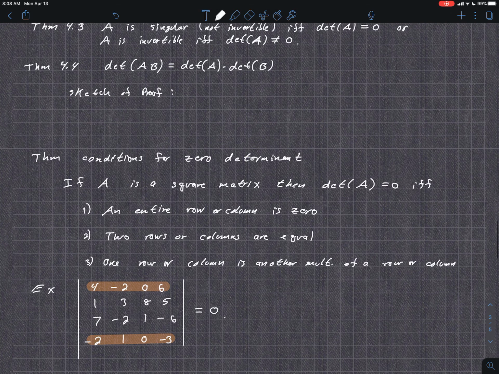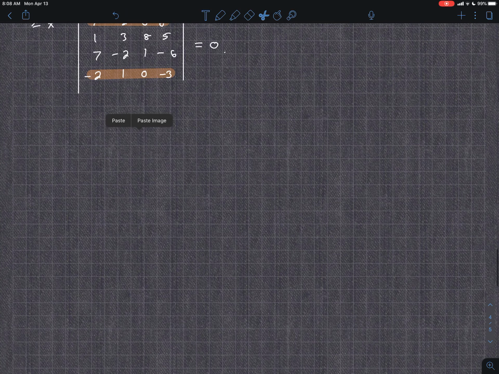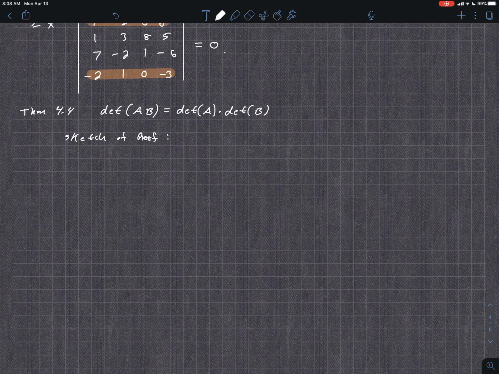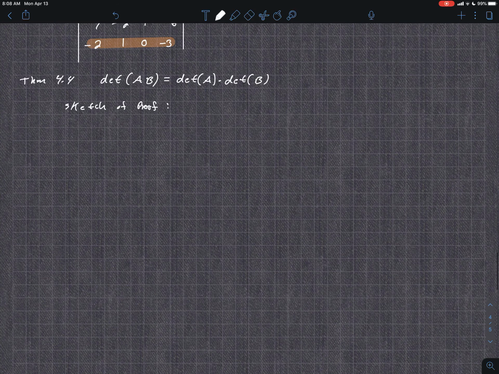Okay, let's go back to the sketch of the proof of theorem 4.4. Let's copy this theorem, bring it down here, and go through that proof. It's not complete because it's a lot of little details, but let's take a look.